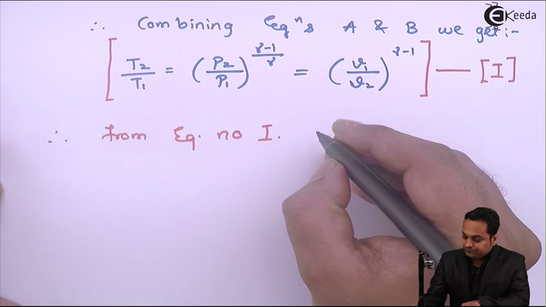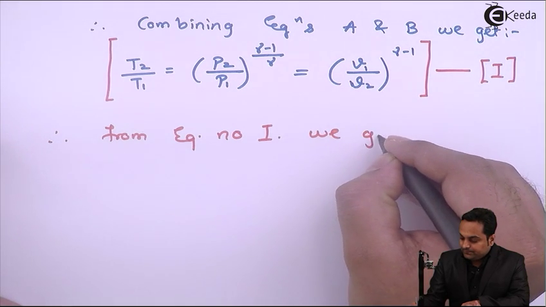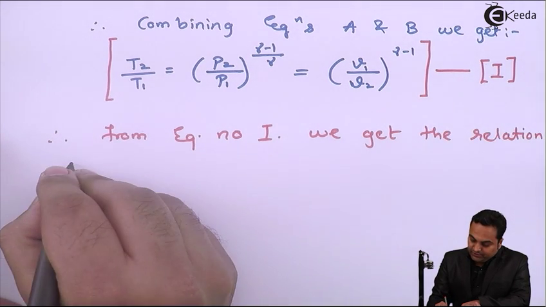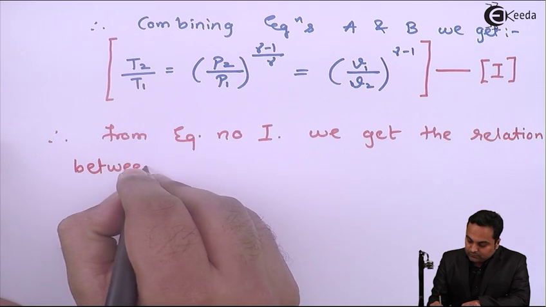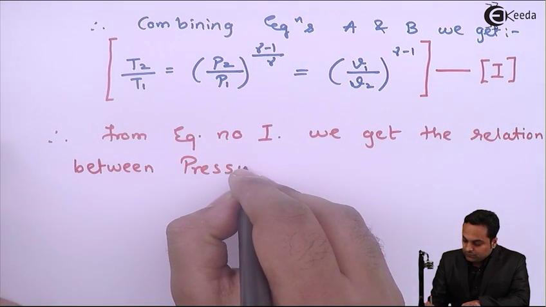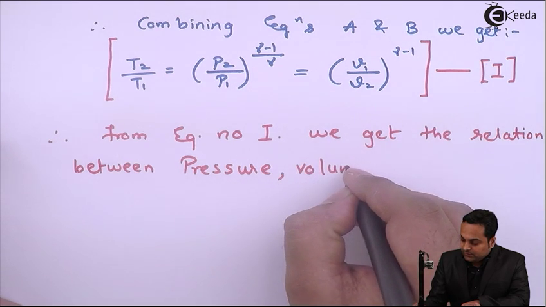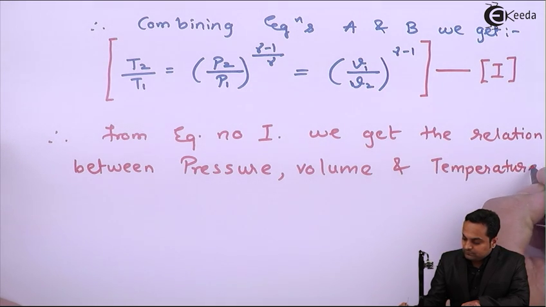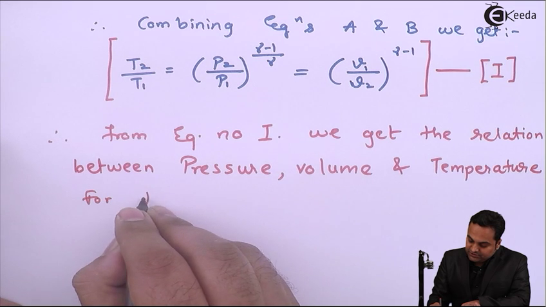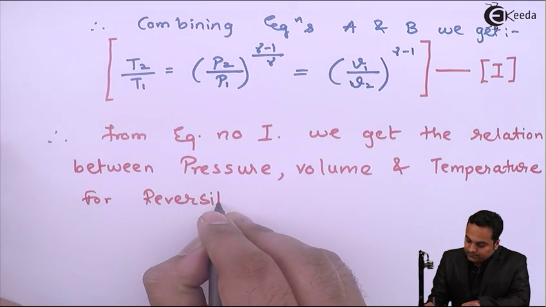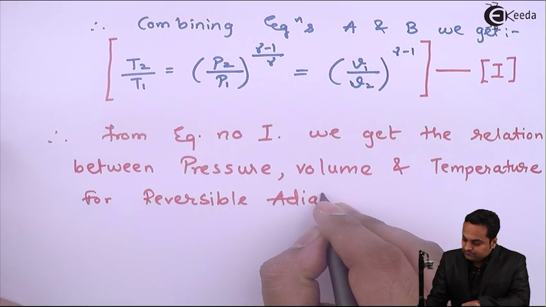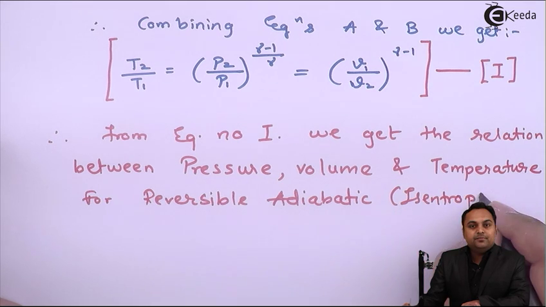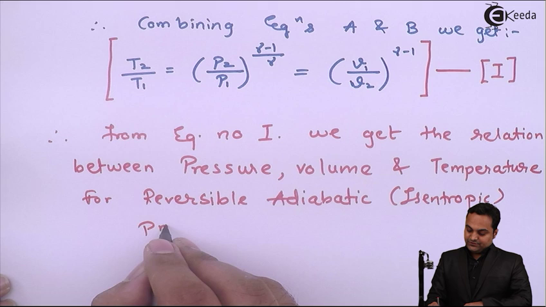So therefore from equation number 1 we get the relation between pressure, volume and temperature for reversible adiabatic or isentropic, because that is the other name of reversible adiabatic process, isentropic process.